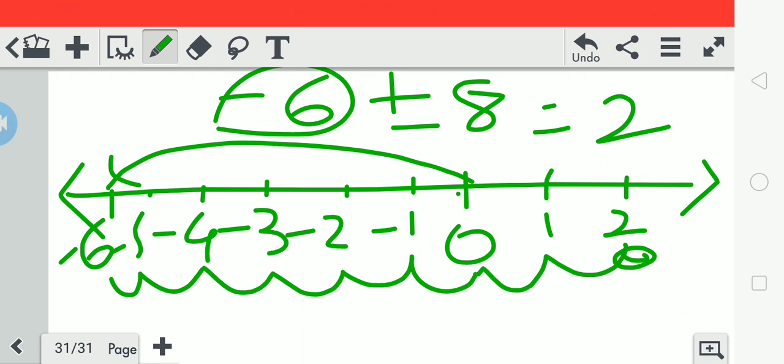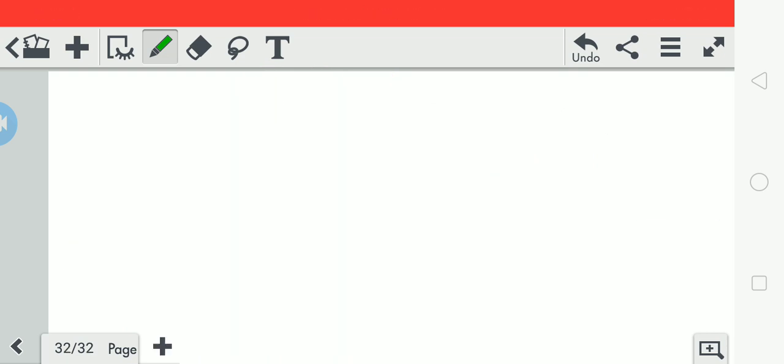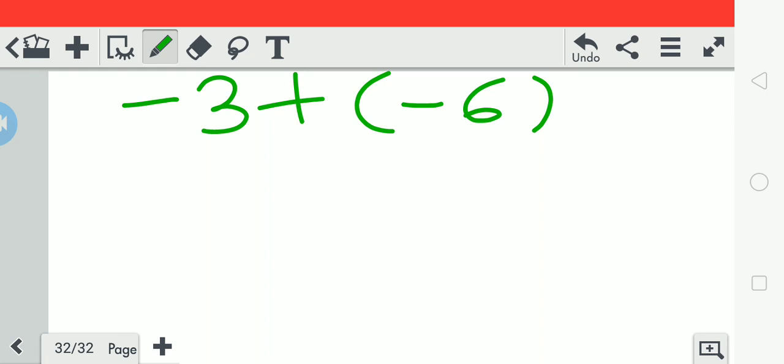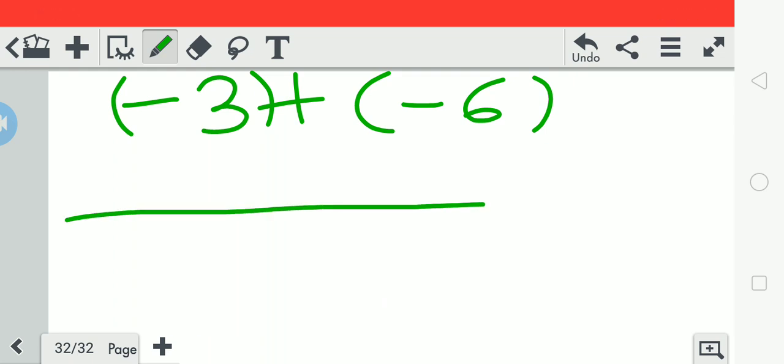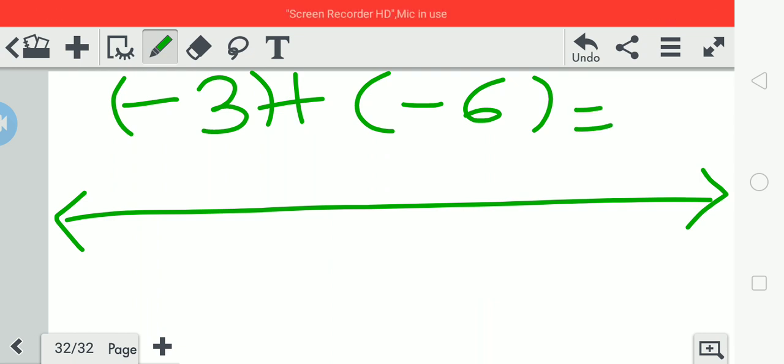Now guys, we'll take some more examples. See the next question: minus 3 plus minus 6. Here both numbers are negative. Till now we had seen one positive and one negative, like the first ones. Now see the second kind: here both numbers are negative, so you have to take left moves. If both numbers are negative, do the addition: 6 plus 3 is 9, right?